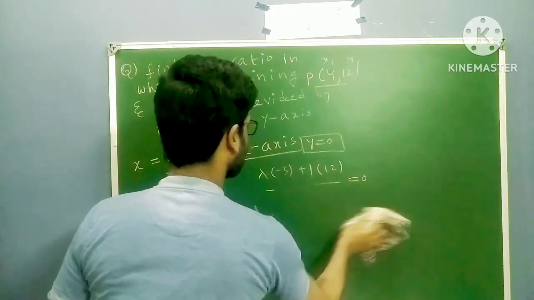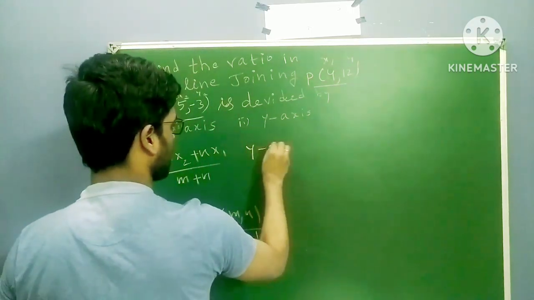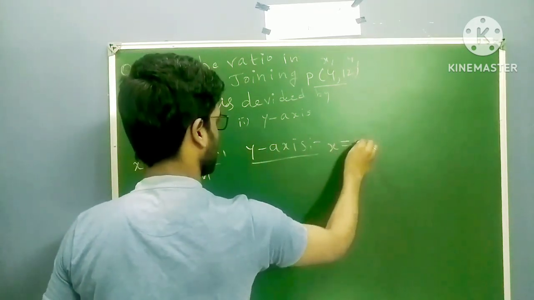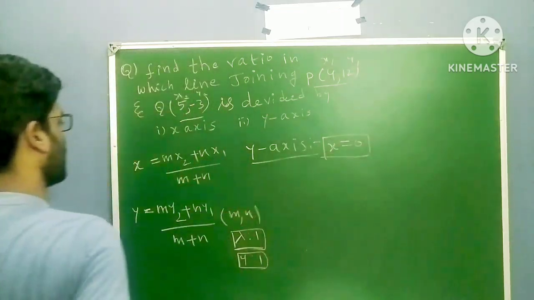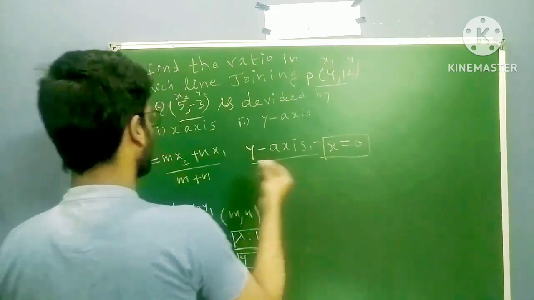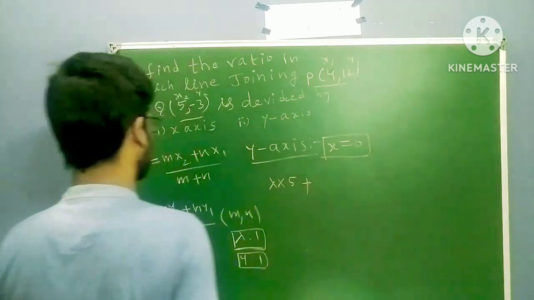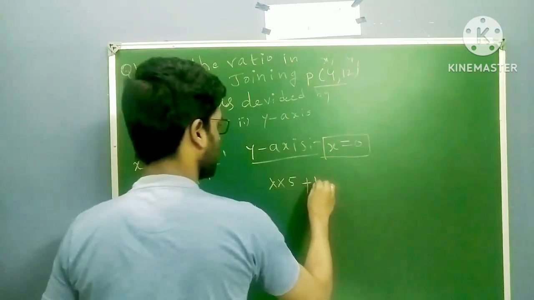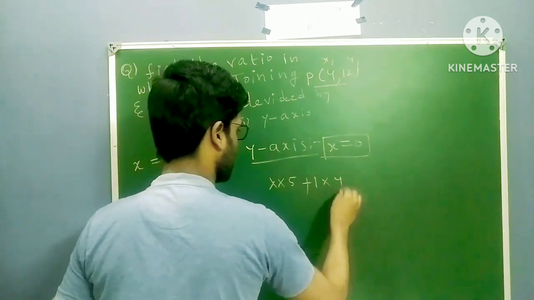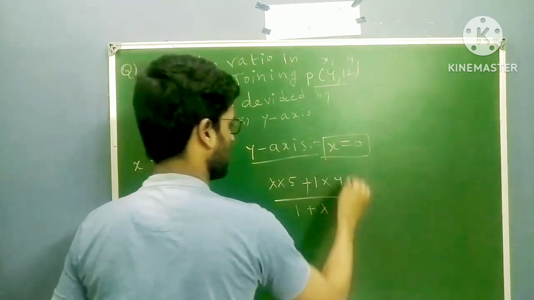Second, through the y-axis I have to find the ratio. Now I'm calculating for the y-axis. For the y-axis, x equal to 0. This is the x formula: m is lambda, into x2 which is 5, lambda into 5, plus n which is 1, so 1 into x1, so x1 is 4, by m plus n, 1 plus lambda, equal to 0.